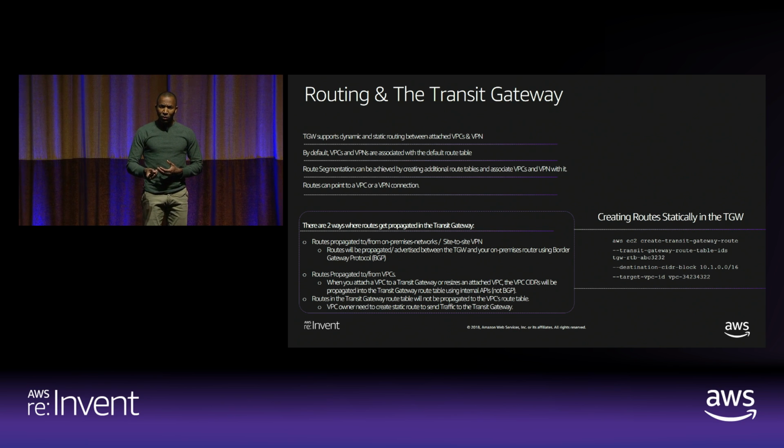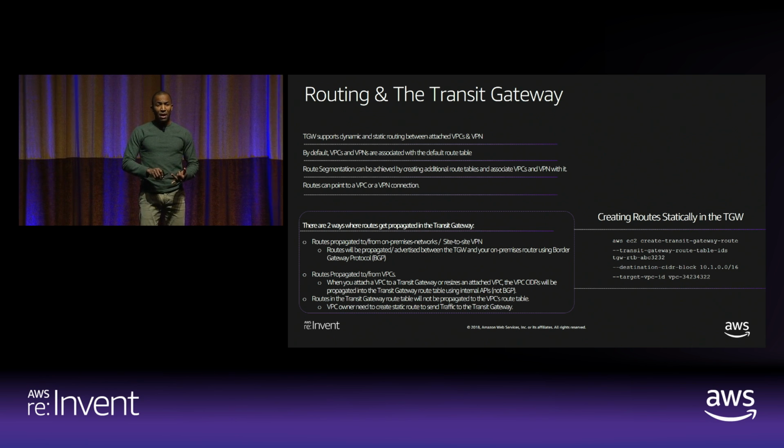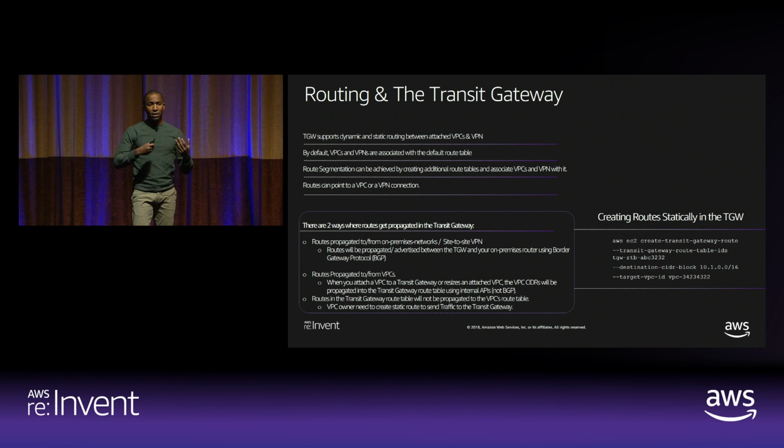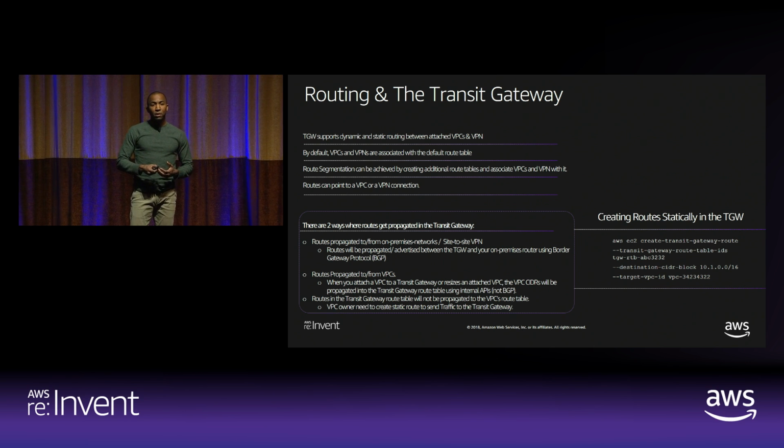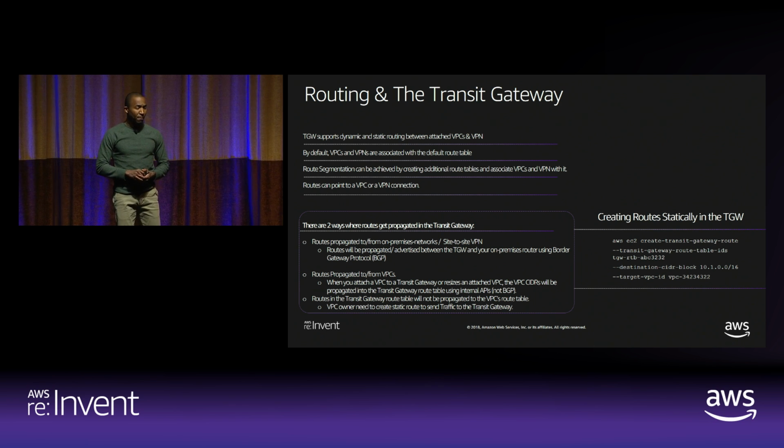Now, within the routing sphere of Transit Gateway, when you create a Transit Gateway, you specify a BGP ASN number, and you specify not only the description and the name, but should there be a default route table, and should I have propagation to this default route table automatically.